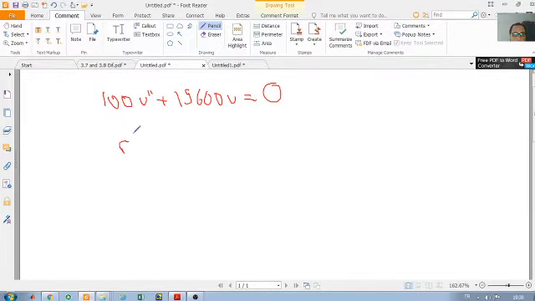So from here the characteristic equation will be 100 r squared plus 19,600 is equal to 0.